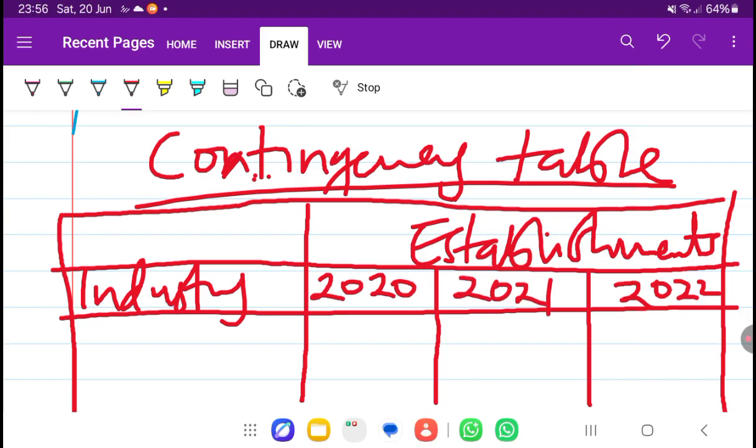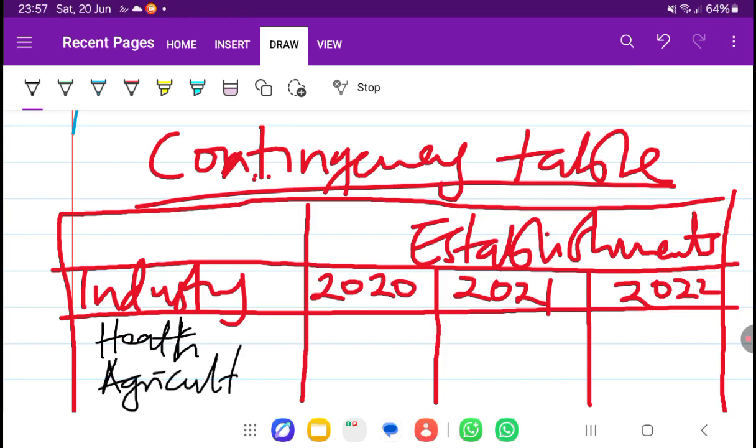Then under the industries, we can have maybe health. Then we can have maybe agriculture. Then we can also have education. Of course, here we can have values.